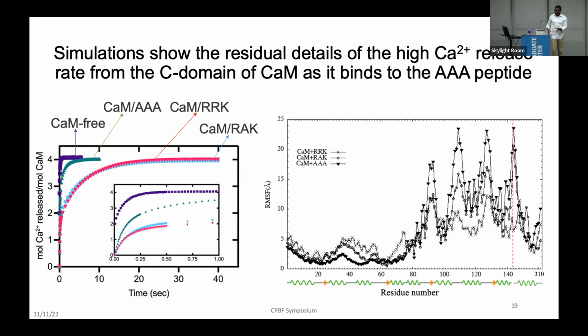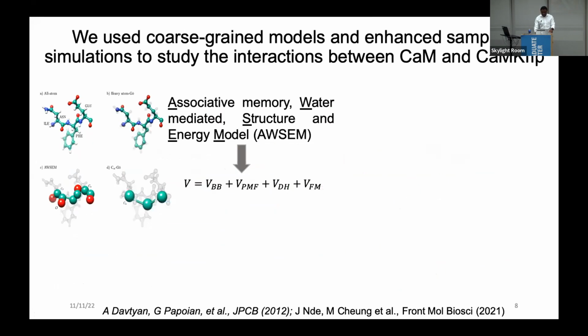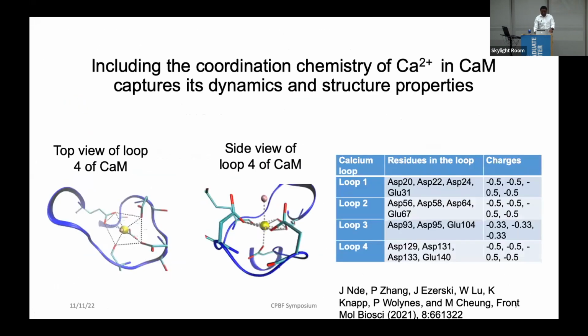So what's happening is, I first want to show you our model. Let me go back here. We use this interesting property of almost all the calcium binding sites in every calcium binding protein, where they adopt a pentagonal pyramidal geometry.